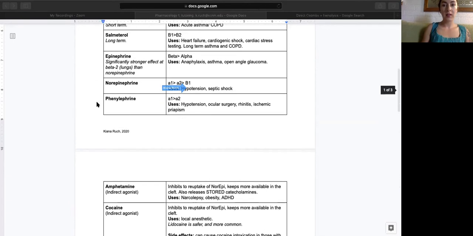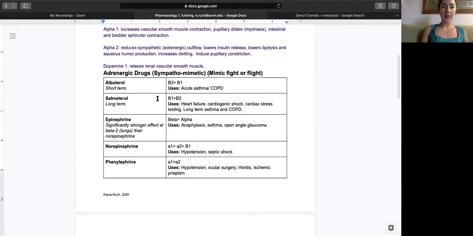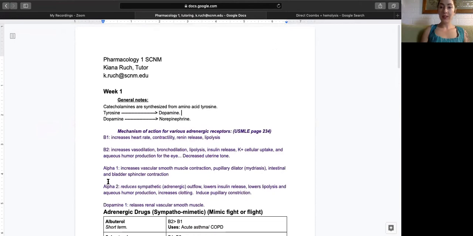So now we're moving on to another class of drugs, alpha blockers. And if we remember from the beginning of this video, alpha drugs do two different things. Alpha-1 will work on the postsynaptic membrane, right? And it will increase vascular smooth muscle contraction, increase pupillary dilation, which is known as mydriasis, because fight or flight through alpha-1, you want your pupils to be really big, right?